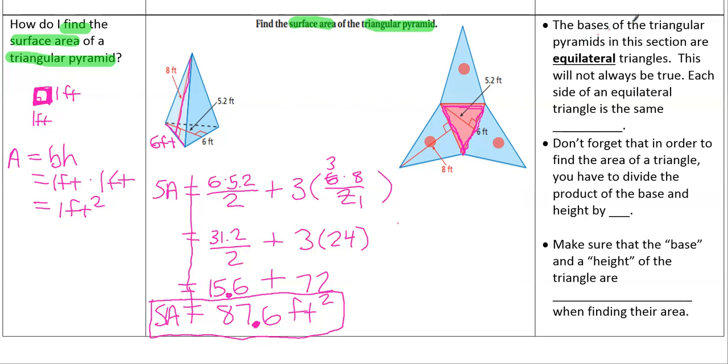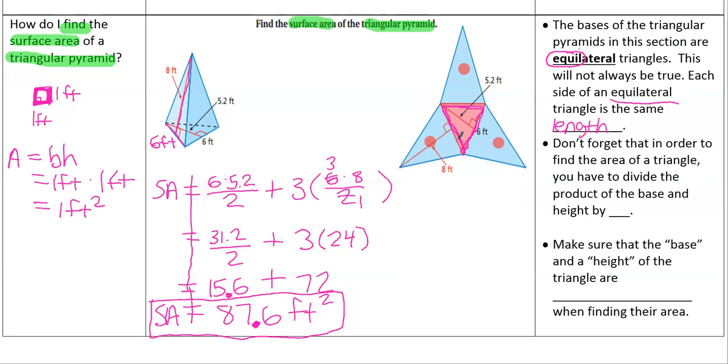Okay, anyway, the bases of the triangular pyramids in this section are equilateral triangles. This will not always be true. Each side of an equilateral triangle is the same length. You can hear it in the word equilateral. You can see almost the word "equal" right there, right? And that's why we use that word.